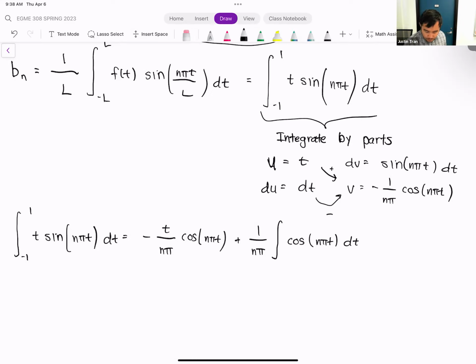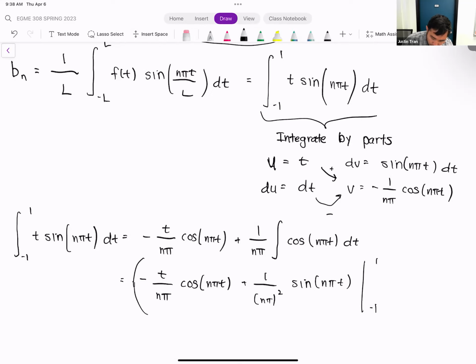All right, so let's go ahead and perform that last integral there. So we have a minus t over n pi cosine of n pi t, plus 1 over n pi squared sine of n pi t. And we're going to evaluate this entire expression here from -1 to 1.